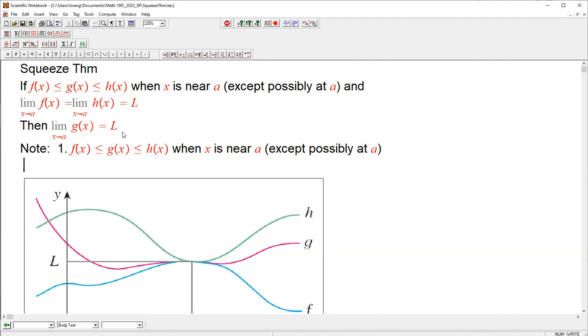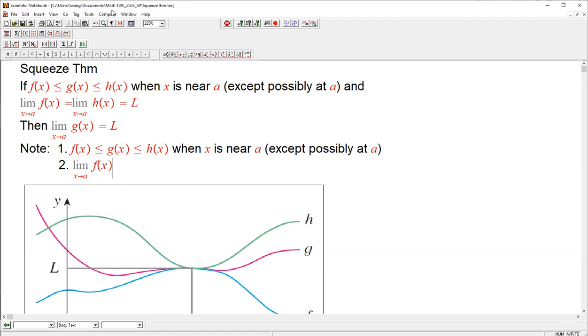The second condition actually involves three conditions. Okay, this limit exists. And this other limit also exists.